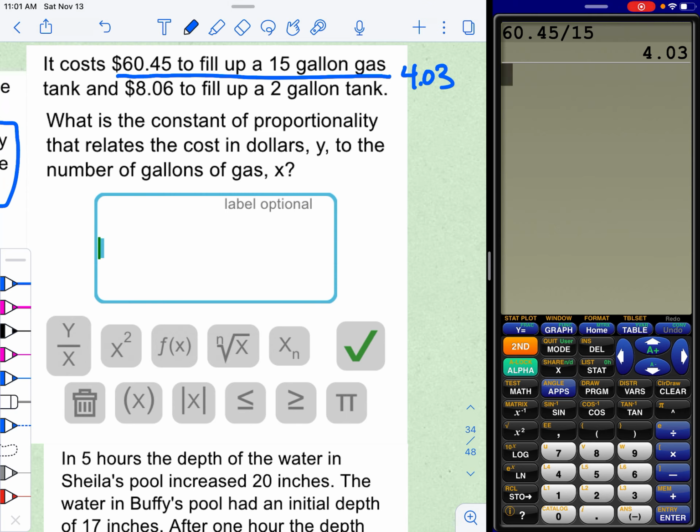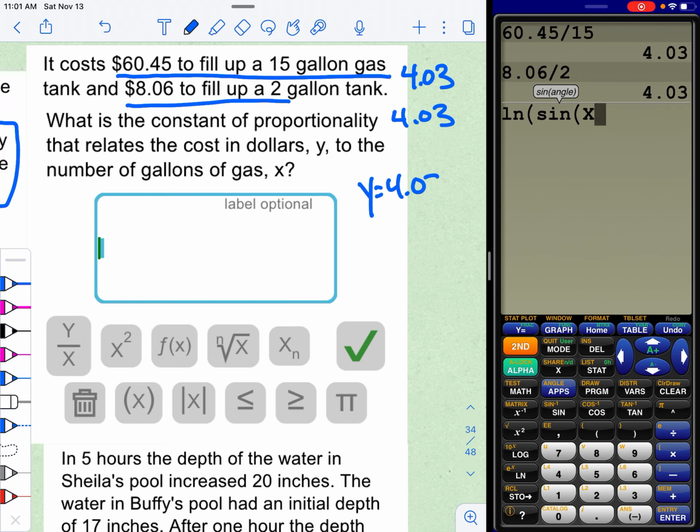And then I'm going to do the same thing with 8.06 and 2. 8.06 divided by 2, and I get exactly the same thing. All right, that's a good sign. That means I have y equals 4.03x. And it says, what is the constant of proportionality? That means what's the slope? 4.03.